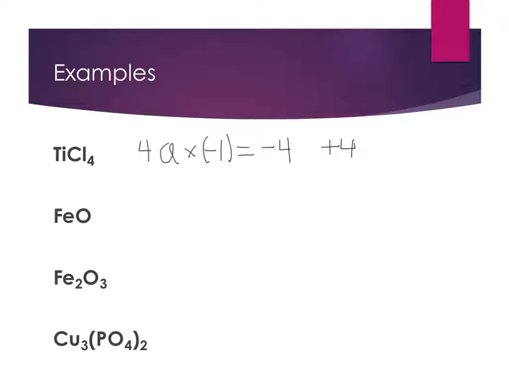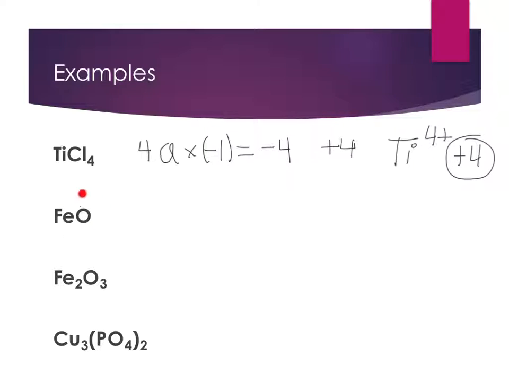So in this case, the oxidation number of titanium is going to be +4, because 1 titanium times +4 equals +4, and 4 times -1 equals -4. When you add the -4 to the +4, you get 0, and the overall charge in the compound has to be neutral, which is 0. So let's look at the next one.